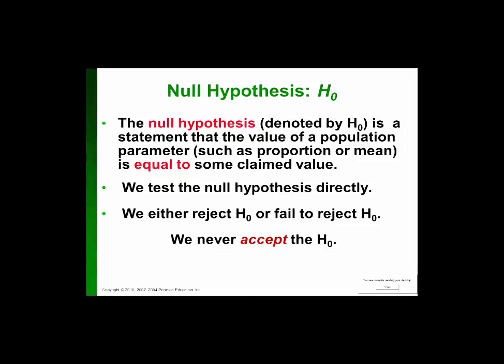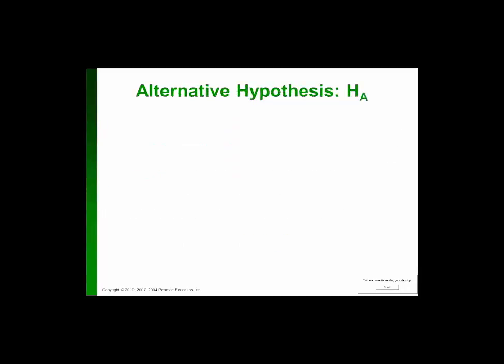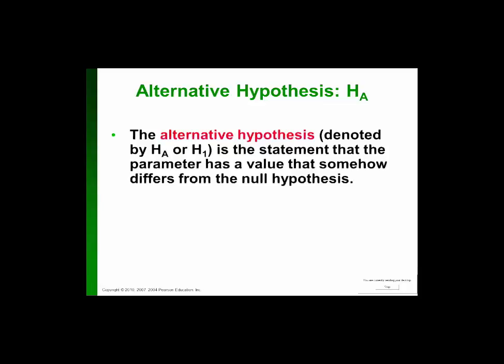The alternative hypothesis: there are two primary notations used for it, and unfortunately throughout this slideshow, sometimes I've used H sub A, for alternative, but sometimes I used H sub 1. Either one of those is the alternative hypothesis.